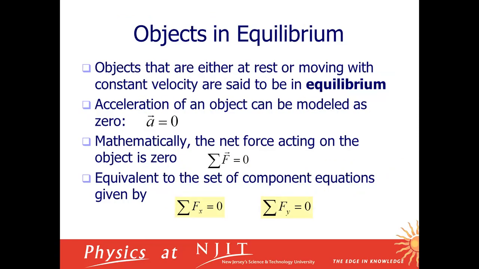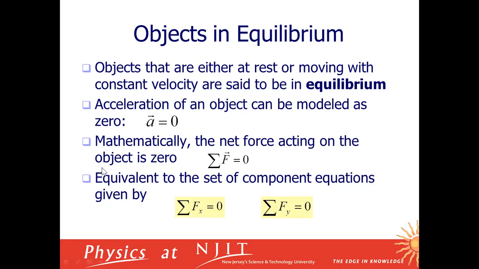Objects that are either at rest or moving with constant velocity are said to be in equilibrium. The acceleration of an object can be modeled as a equals zero.